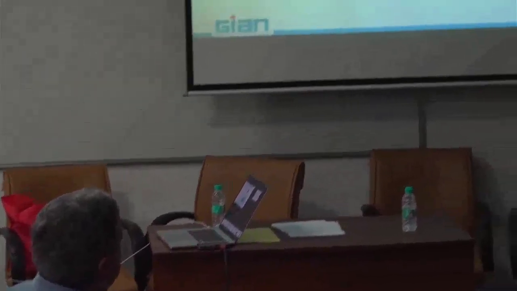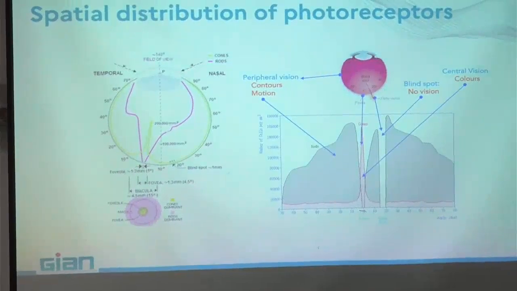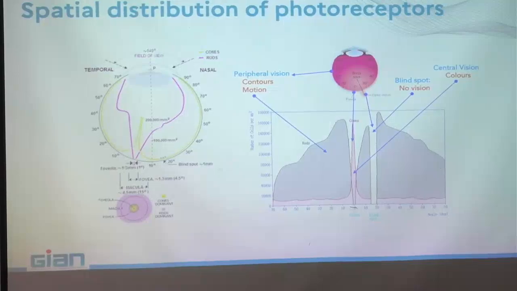That means the nerve passes in the front of the eye and goes out, and at the place where the nerve comes out from the eye, there are no cones, there are no rods. It's a completely blind spot.